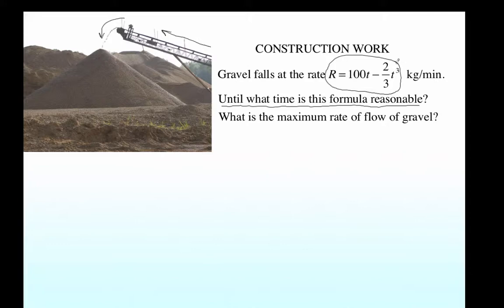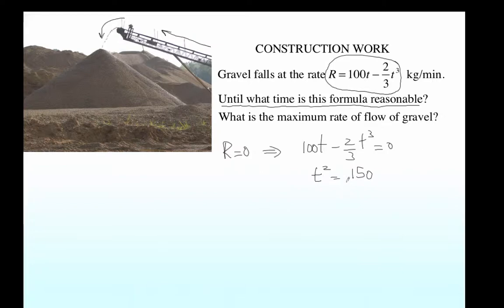You see that when t is small, you can neglect this, so the gravel is falling at an increasing rate. On the other hand, as t becomes larger, this term starts to dominate, and at some point r will be 0. When r is 0, that means that 100t minus 2/3 t cubed will be 0, and so, cancelling the t's, t squared will be 300 over 2.